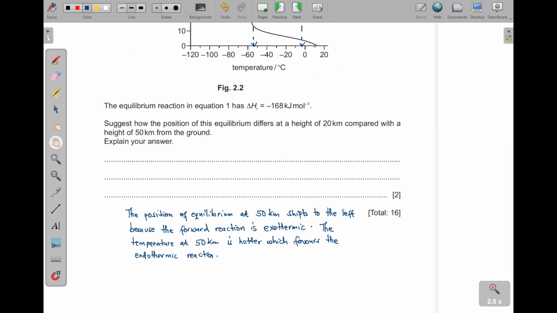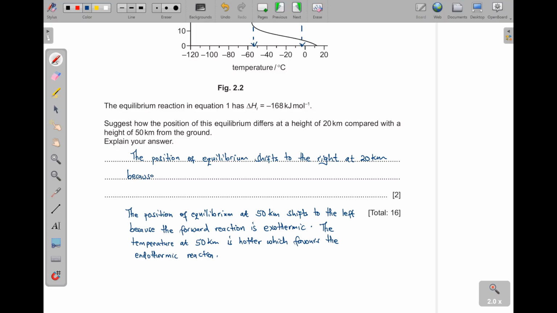We can now say the position of equilibrium, so we can just write our answer as the position of equilibrium shifts to the right, okay, shifts to the right at 20 kilometers. Why?